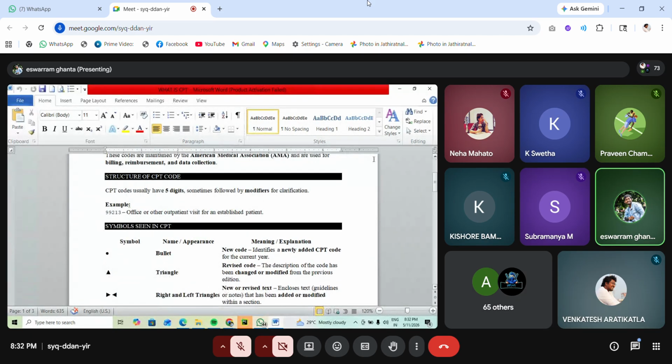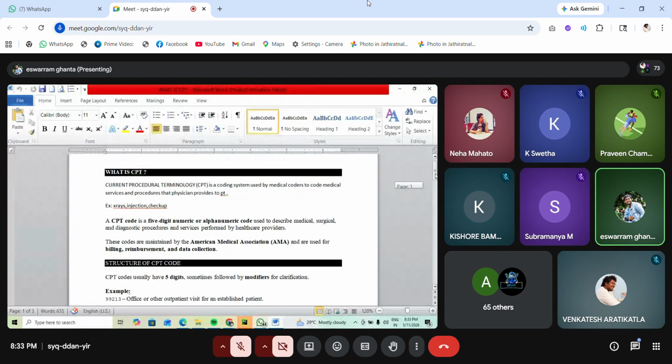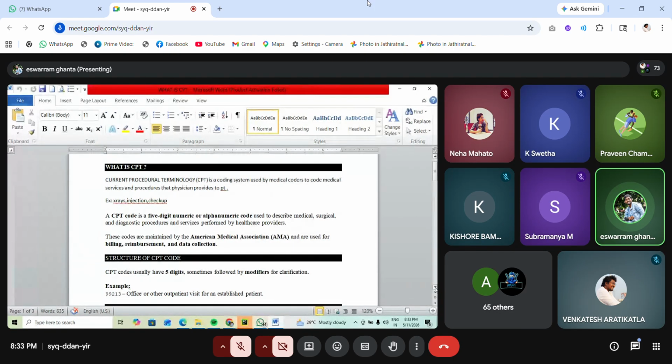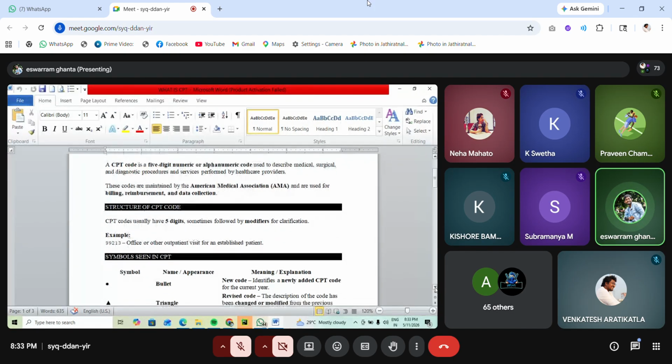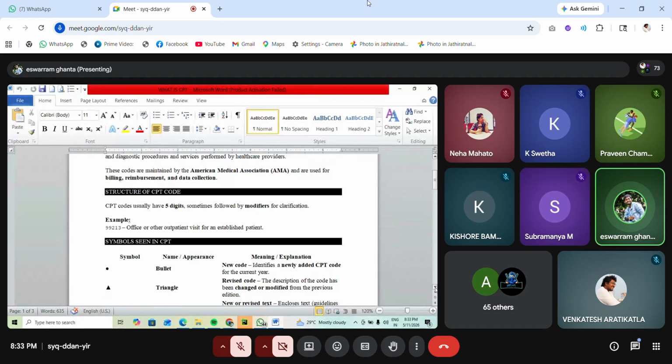Next, what is CPT and what is there in the CPT. అసలు CPT అంటే CPT లో ఏమేమి ఉంటాయని కూడా బేసికల్ గా క్వశ్చన్స్ అడుగుతారు. Even if you are certified, even if you are non-certified, in basic interviews the interviewer will ask you these questions, like what is meant by the CPT, what is the definition of the CPT, who is maintaining the CPT. Already I told you, American Medical Association.